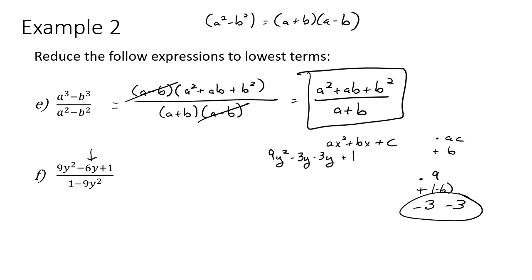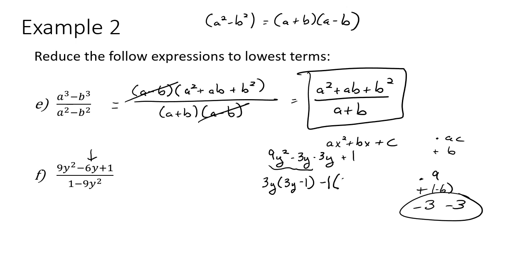Then we still have the plus 1 at the end, and then we factor by grouping. So in the first two terms, I've got a 3y in common that I can pull out, which would leave me with 3y minus 1. And then I want to see if I can factor something out of the second two terms that would give me the same thing. I want a positive 3y and a negative 1, so I need to change the signs.